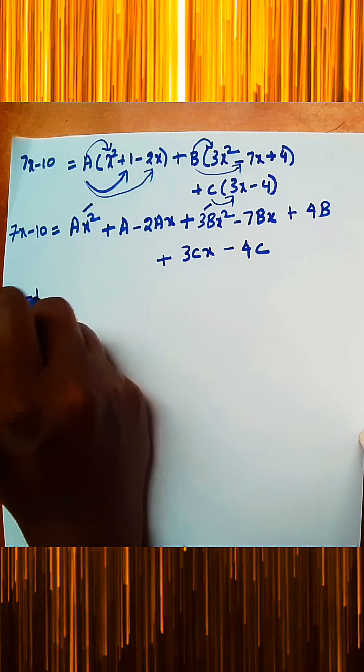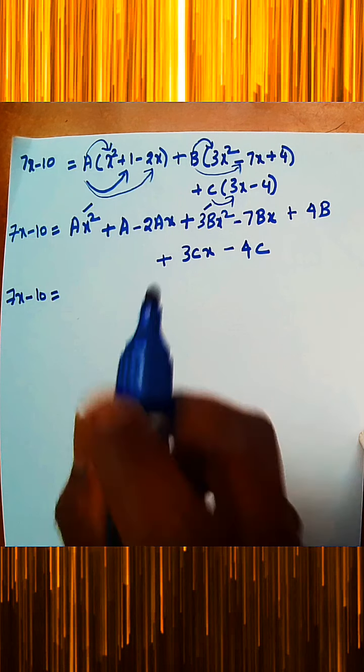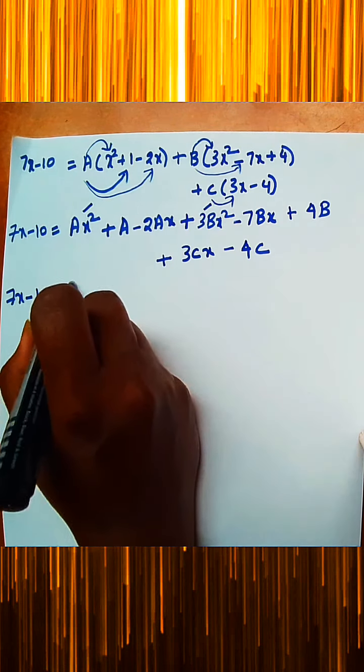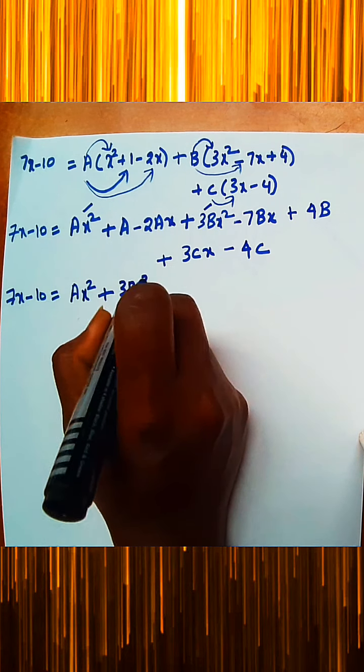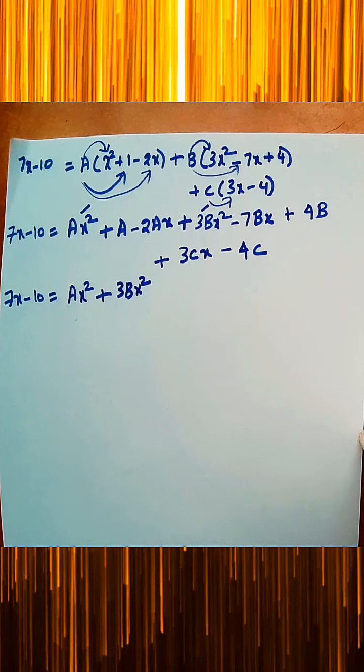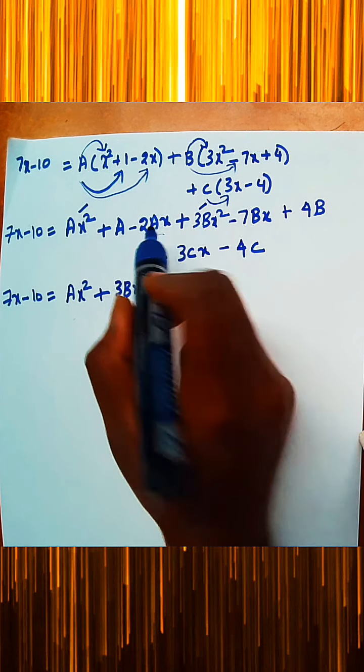7x minus 10 is equal to, alright, so what are the x square terms here? You have ax square plus 3bx square, am I right? Plus what are the x terms you have?